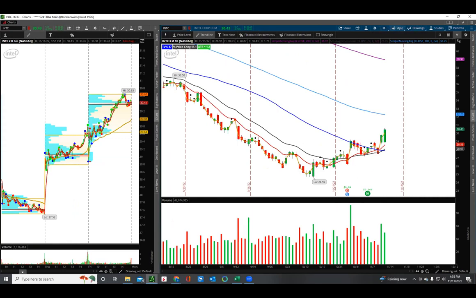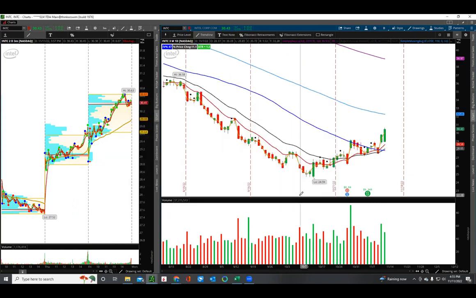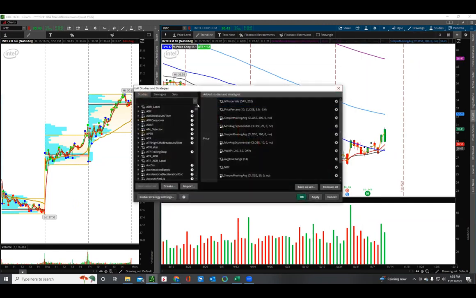First, I'll blow this up a little bit and I'll add it here. If you go into studies, again, this is Thinkorswim, but if you go to edit studies and type in Ichimoku cloud, Ichimoku right there, add that. Okay, that didn't add it. Hang on. Take two.